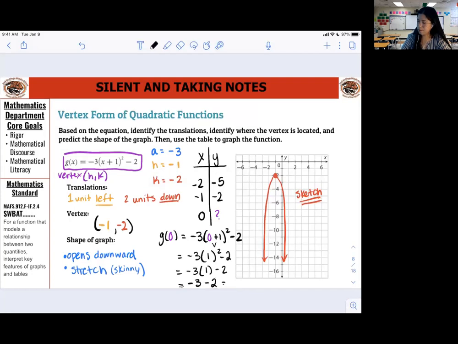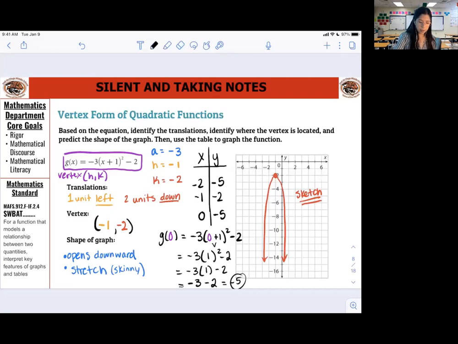And -3 minus 2, -5. So we do get the same value on both sides. Because again, what happens on the left side of the vertex is copied over on the right side of the vertex. So you end up with the same thing on both sides.